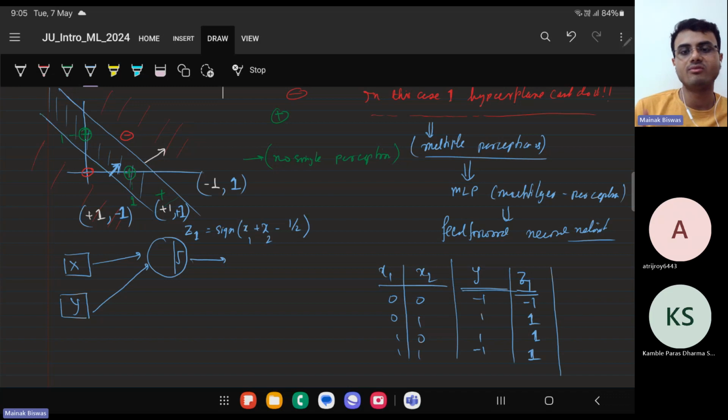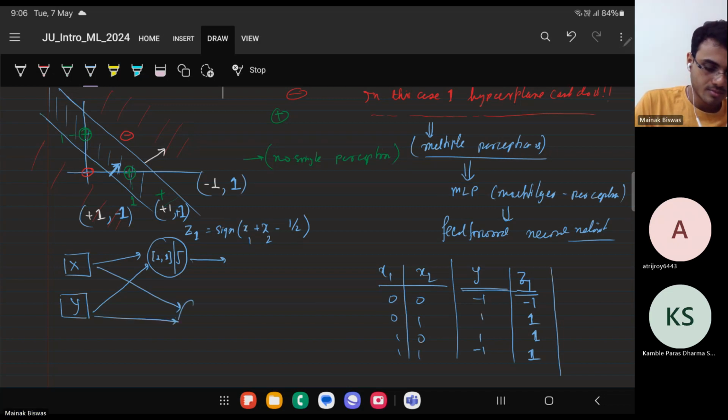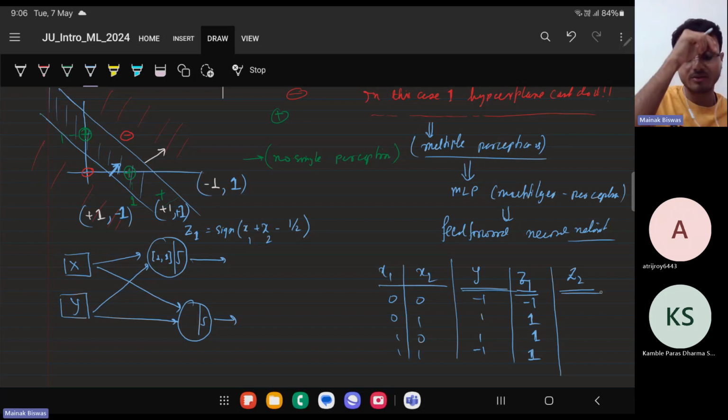Both +1 will give me the intersection region, positive and negative will give me the non-intersection region, right? So how do I get the second neuron, the second hyperplane? Z2. Z2 will be what function? Give me a function.